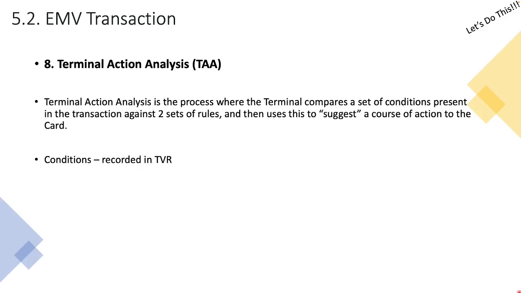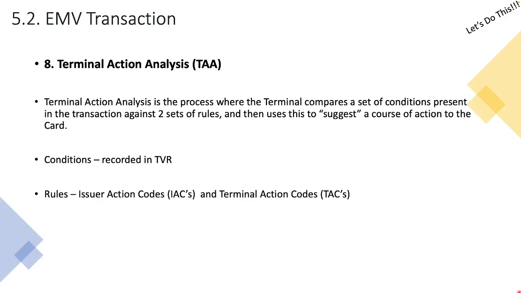So the conditions we want to compare are all the conditions we've spoken about in the last few videos, where the terminal made a record of what was happening in a log called TVR, terminal verification results. Remember, we said think of it as a diary or the journal of the terminal. During the transaction, it records certain things that are happening, from the terminal's perspective.